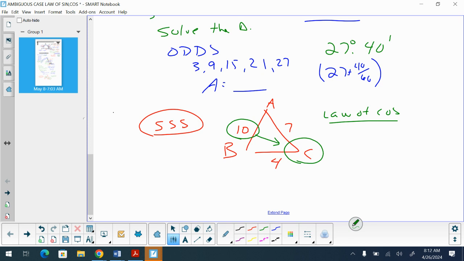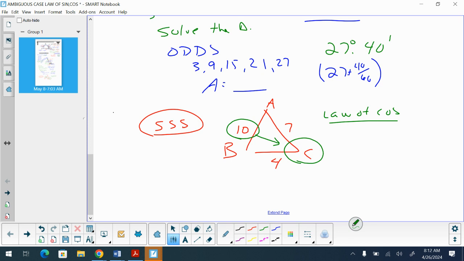If you pick the largest side, how many obtuse angles can you have in a triangle? One. Okay, you can only have one. You can't have more than one obtuse angle because that's two angles greater than 90, which means you have over 180 degrees.